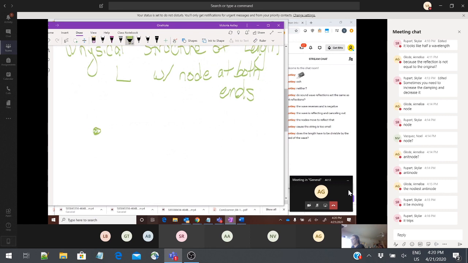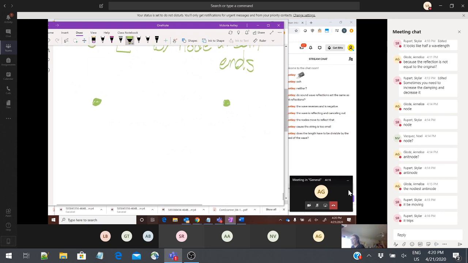So I know here is a node, and I know here is a node. Okay, and I make a wave in here. It will have some frequency f that is determined by the source.